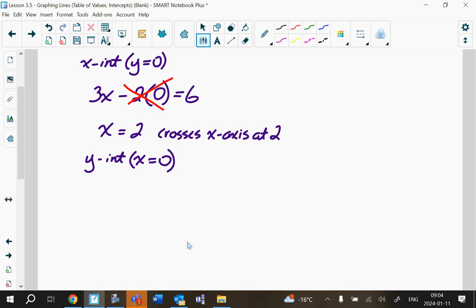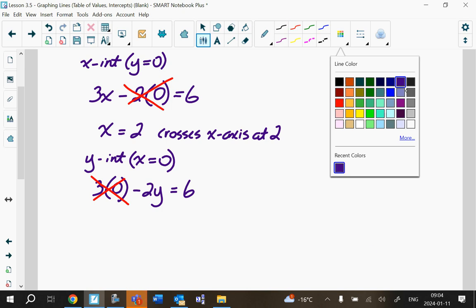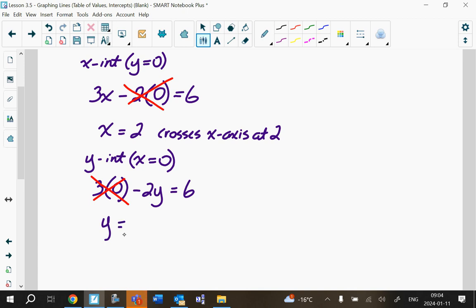So I get 3 times 0 minus 2 times y equals 6. Well, 3 times 0, that's nothing. So you're left with negative 2y equals 6. If negative 2 times y equals 6, what is y? Negative 3, that's where it crosses the y-axis.